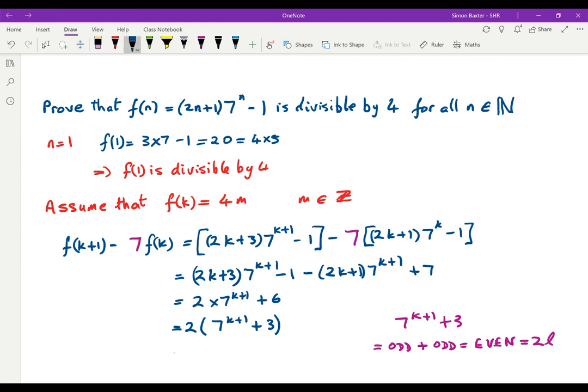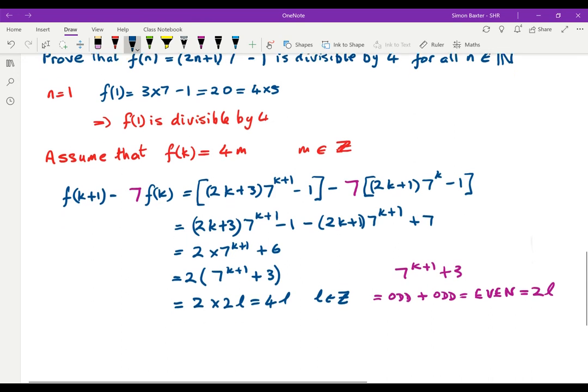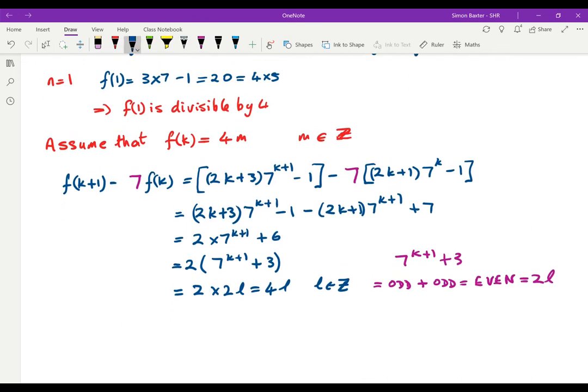Now I can write this as 2 times 2L, which is 4L, where L is an integer. Now I've got my 4, so I'm getting happier. So I can now write f of k plus 1 equals 4L plus 7 times f(k).